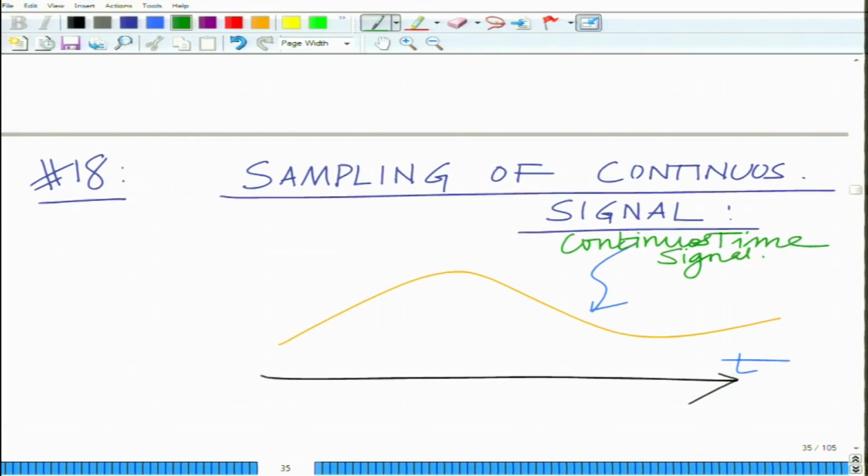Now, before converting it to a digital signal, we would like to convert it into a discrete time signal. To convert this continuous time signal into a discrete time signal, we have to extract the values of the signal at discrete time instants, which are regularly spaced. This process is termed as sampling, that is converting this continuous time analog signal into a discrete time signal.